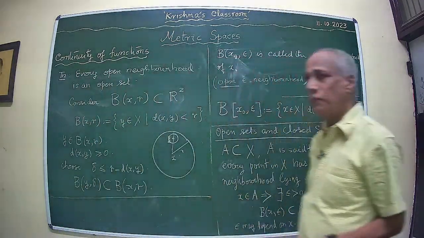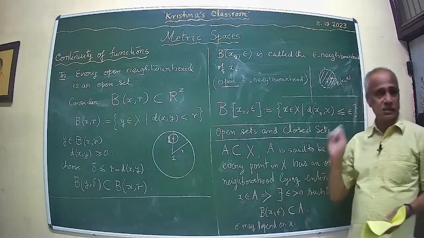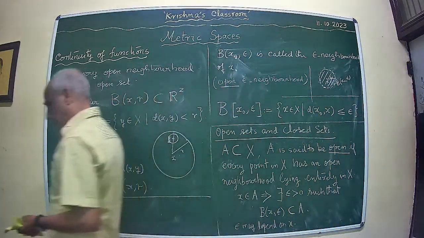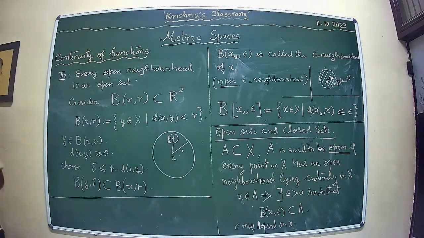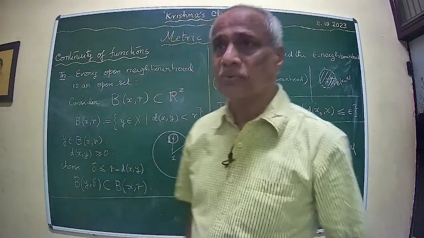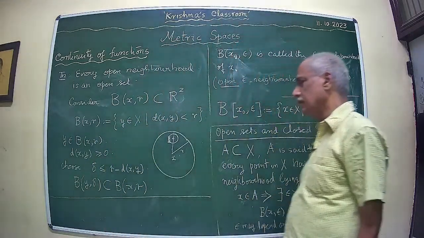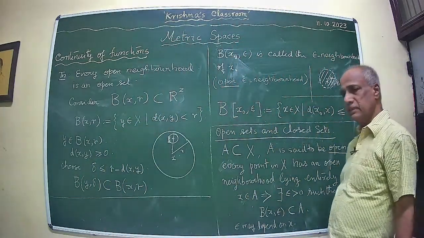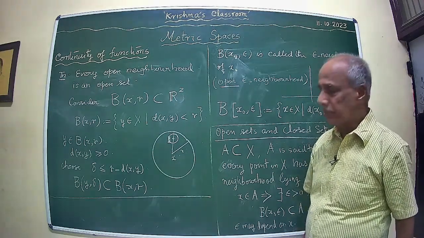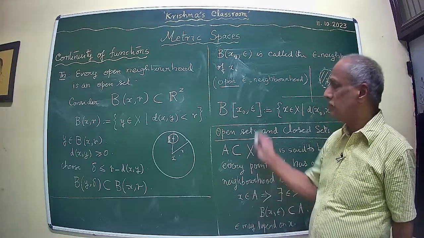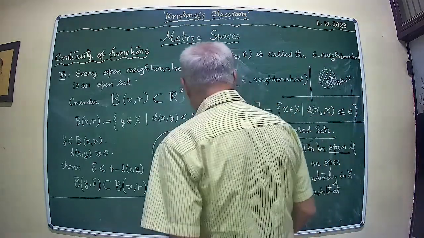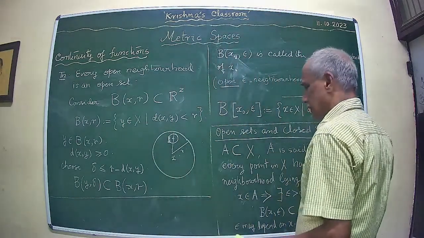Okay. Right. So, going to all other details: every open set is a subset A of a metric space, said to be open if for each point in the set there exists an open neighborhood contained entirely in the set A. That's what we have defined as an open set.